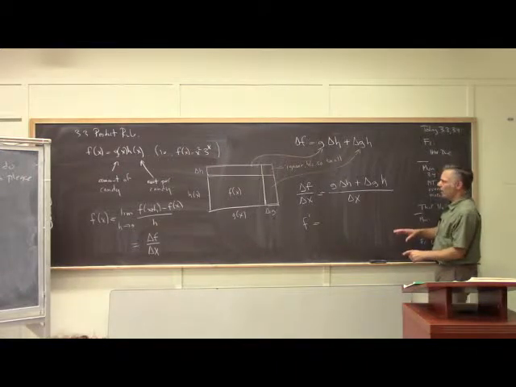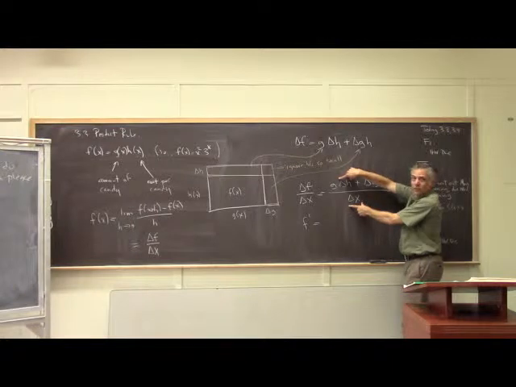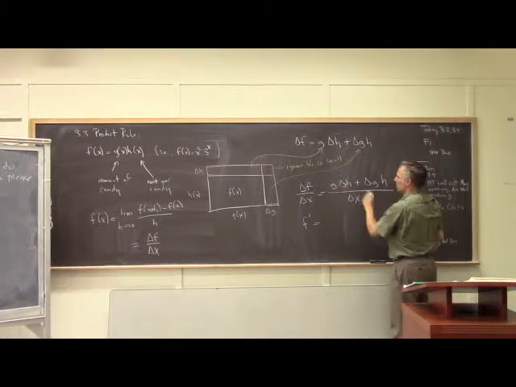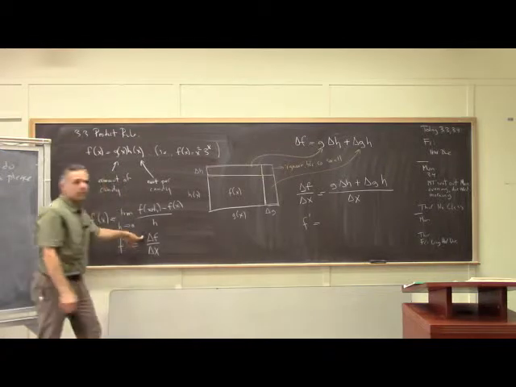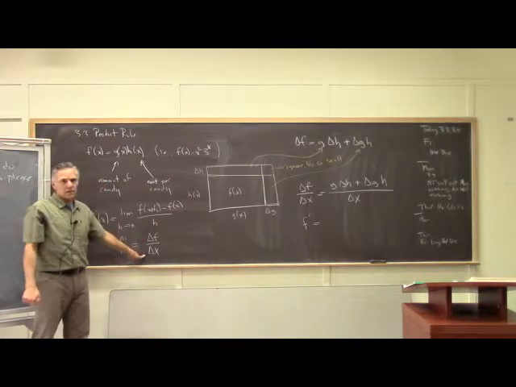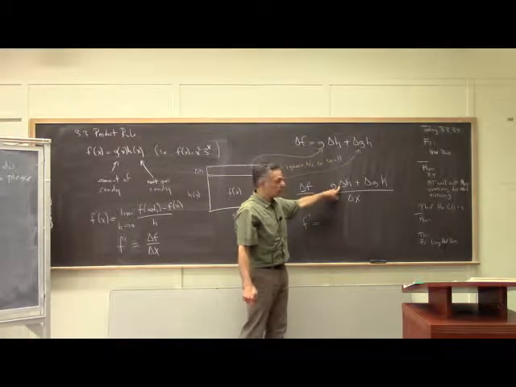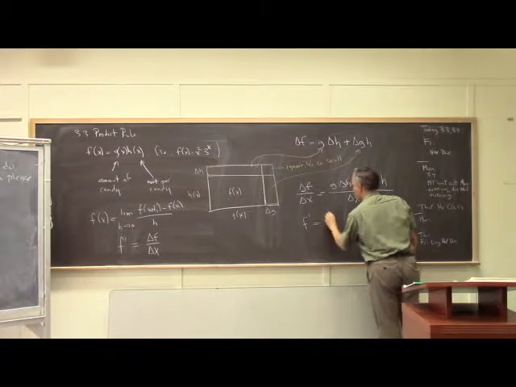So now I've got g times delta h over delta x. And delta h over delta x, what's another word for that? If these deltas get really small? Well, if f prime is how f changes with x, this is how h changes with x. So that's just the derivative of h.